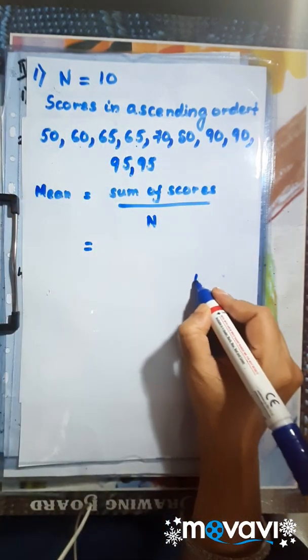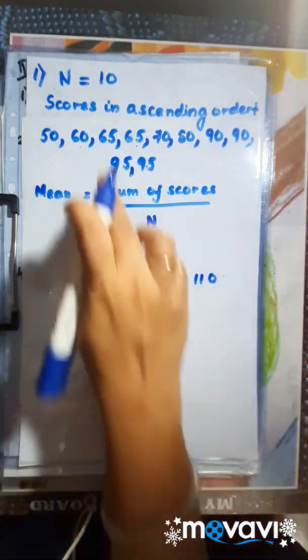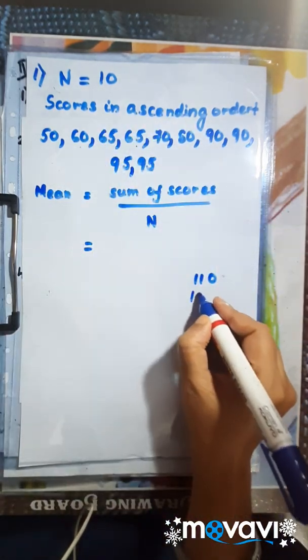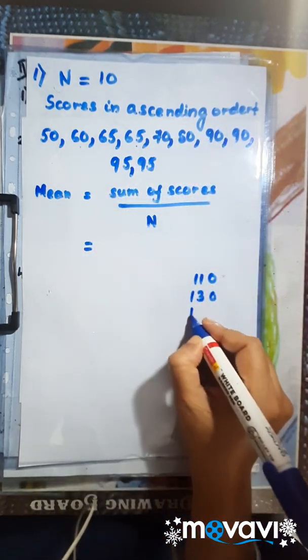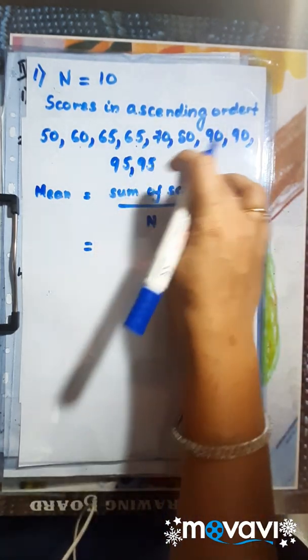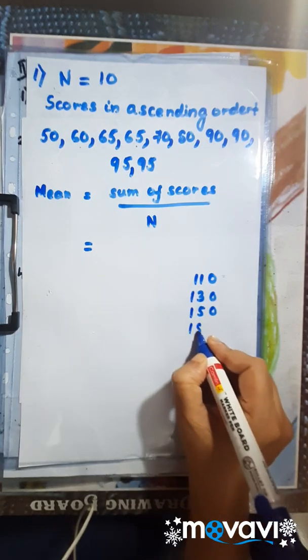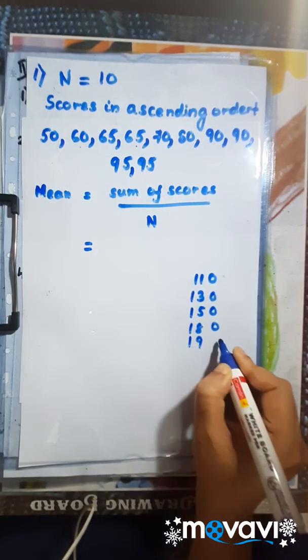50 plus 60, 110. 65 plus 65, 130. 70 plus 80, 150. 180 and 190. Let's add this.